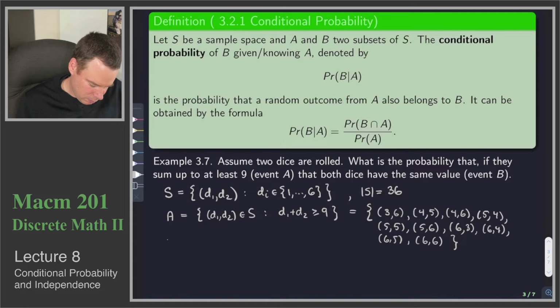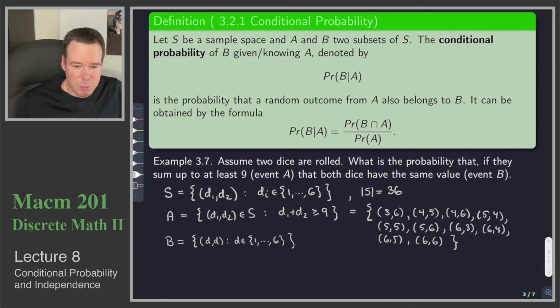What's our next event? Our next event is that we want both dice to have the same value. So this would be (D, D) such that D is in 1 through 6. So that's event B. Now, what is A intersect B? Because we're going to need to know that.